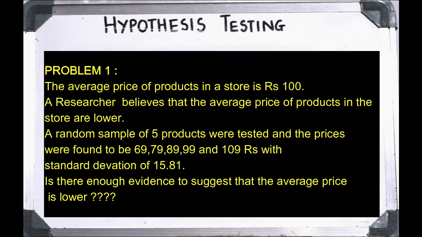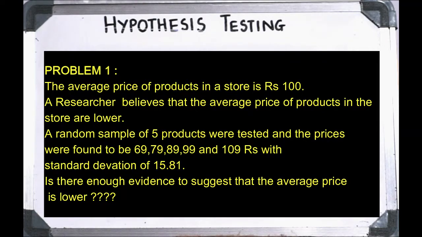Now, in the question it has been given that the average price of all the products in a store is 100 rupees. The researcher believes that the average price of the products in the store is lesser than 100. It can be 90, it can be 99, it can be 98, it can be 80 also, but lesser than 100. Now in order to prove his claim, a random sample of 5 products was tested, and the prices of those 5 products were found to be 69, 79, 89, 99 and 109.